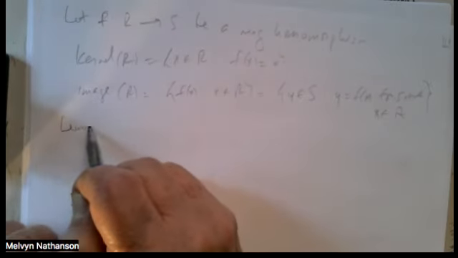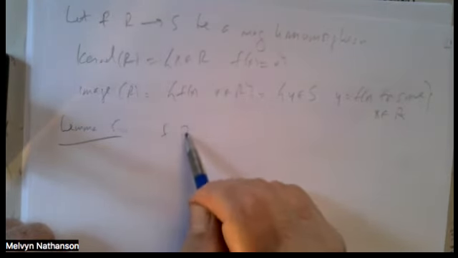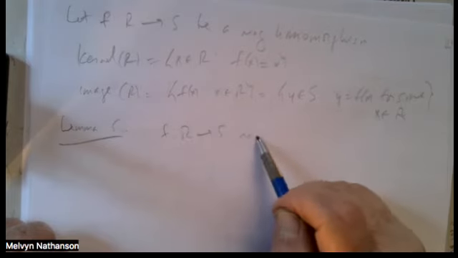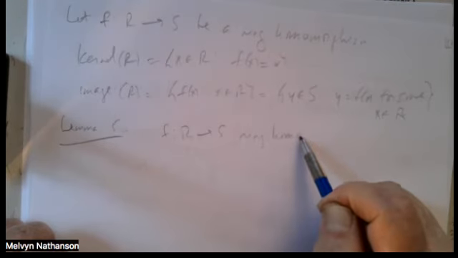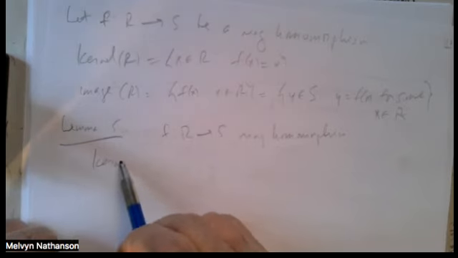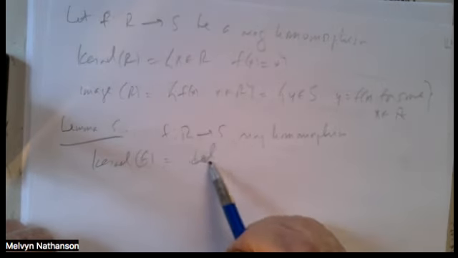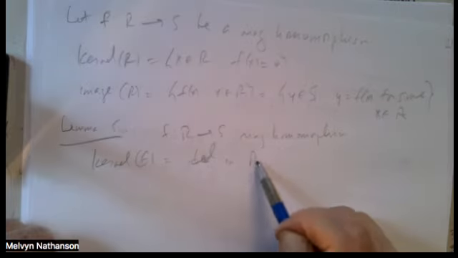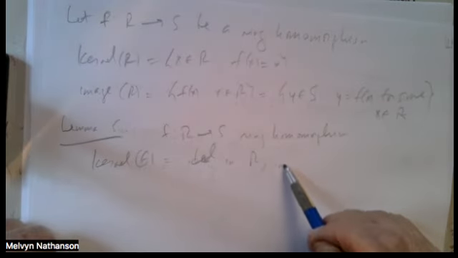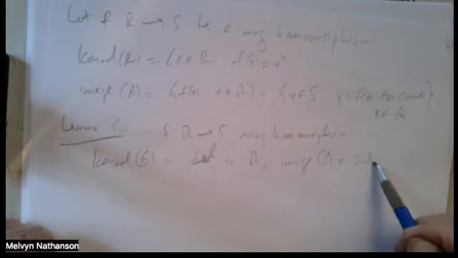So what in the notes is called lemma 5 says that if you have F from R to S, a ring homomorphism, the kernel of F is always an ideal in R, and the image of F is a subring.